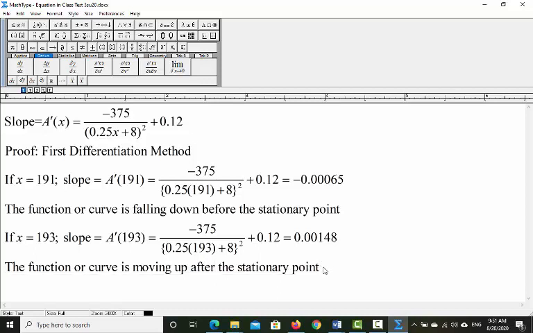That means we can conclude that the value of x is 191.6068.